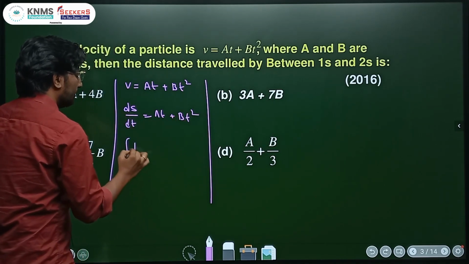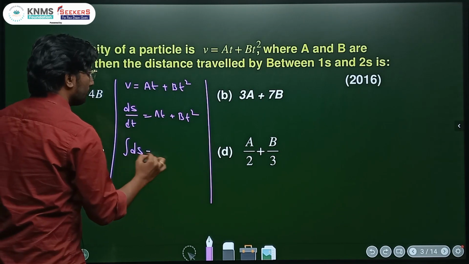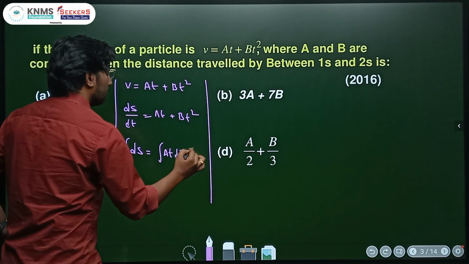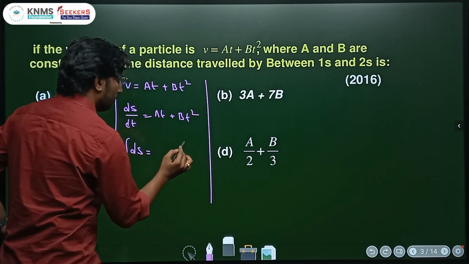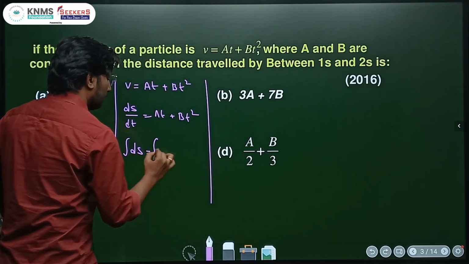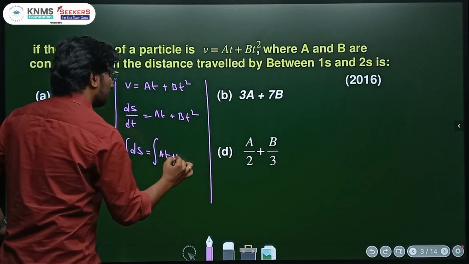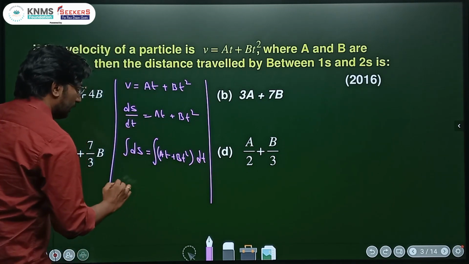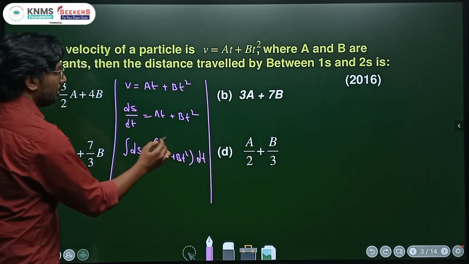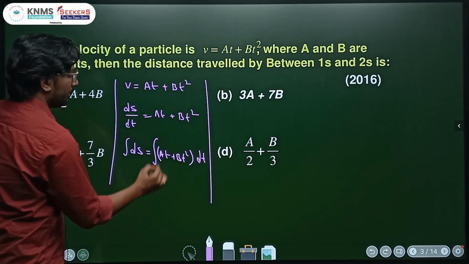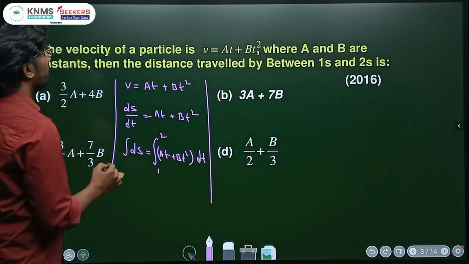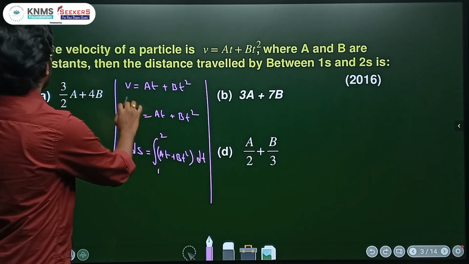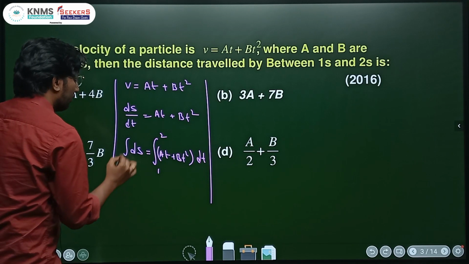Now just simply integrate this. ds is equal to integral of at plus bt square dt, which you can integrate as an overall quantity itself. This shall give us, between the respective time limits 1 to 2, and since there is no initial velocity or anything else over here, we can directly take the distance limits between 0 to s.